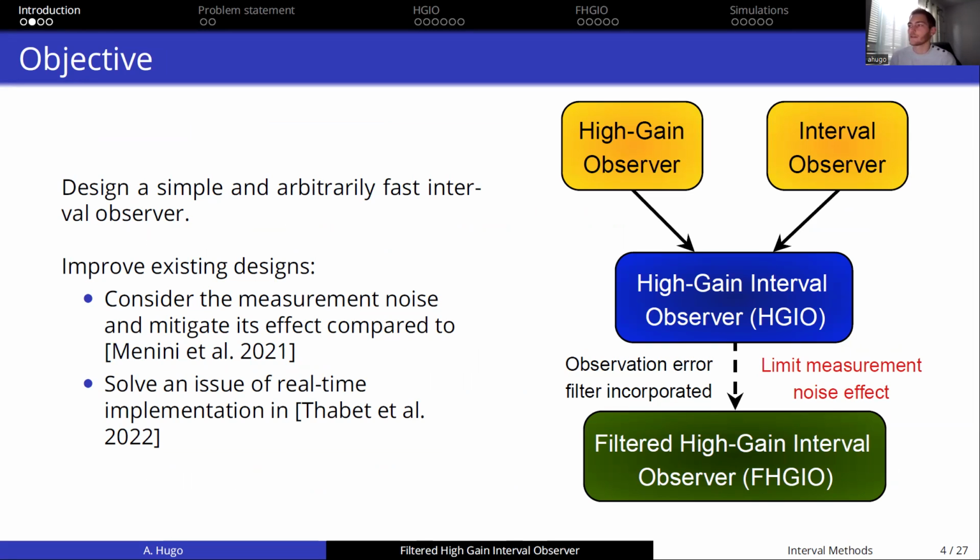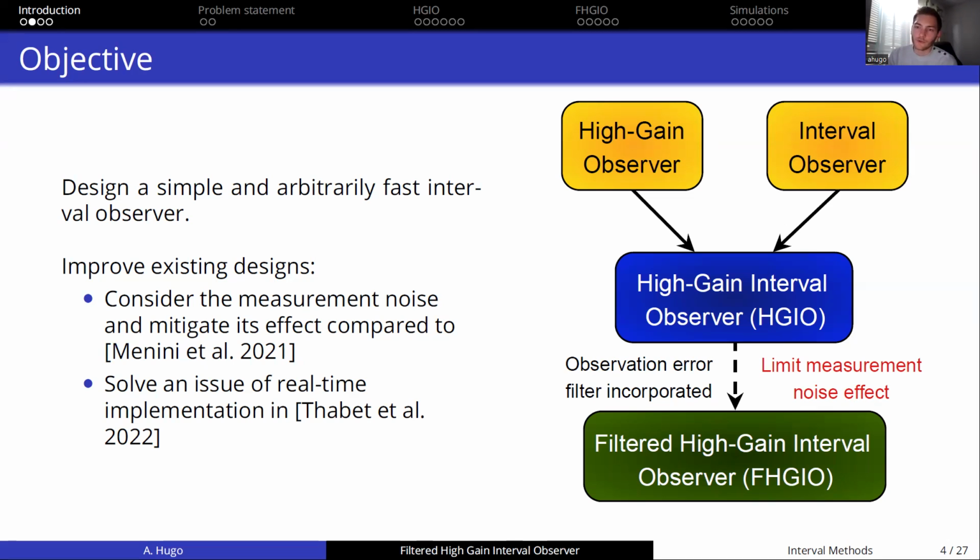For instance, I have taken into account in this work the measurement noise, which can really degrade the precision of the estimation of high-gain observers. That's why I present the solution with a filter, which will allow us to mitigate the measurement noise.